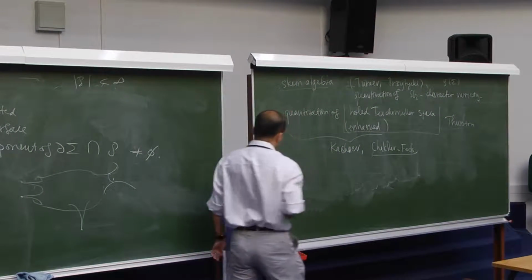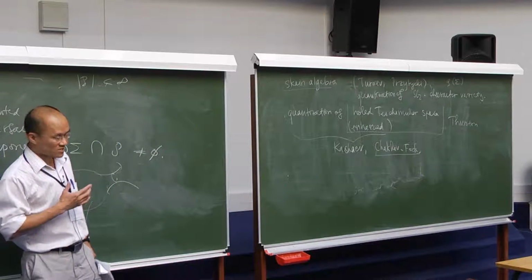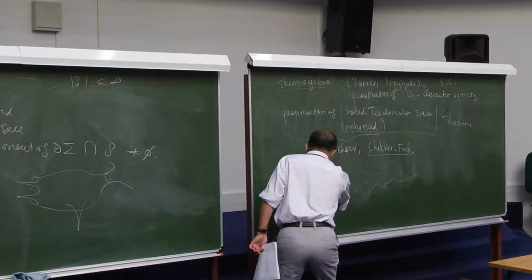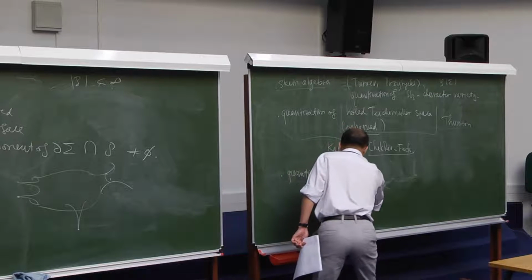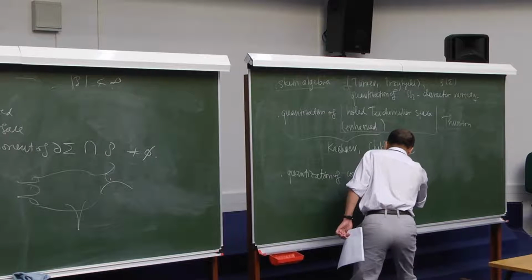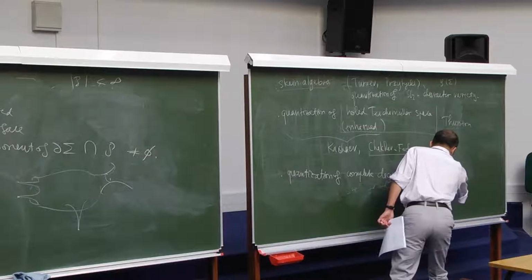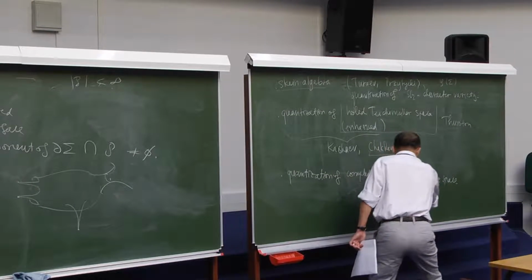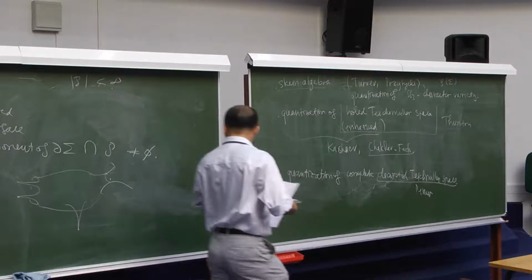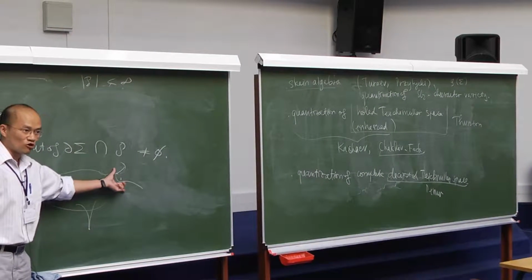And another object is the quantization of the complete decorated Teichmüller space. The decorated Teichmüller space was introduced by Penner. In the Penner case, he doesn't allow the hole, so he allows the punctures but no hole.